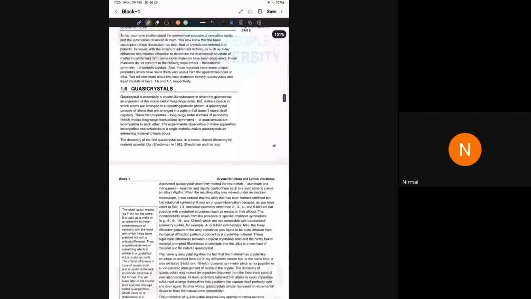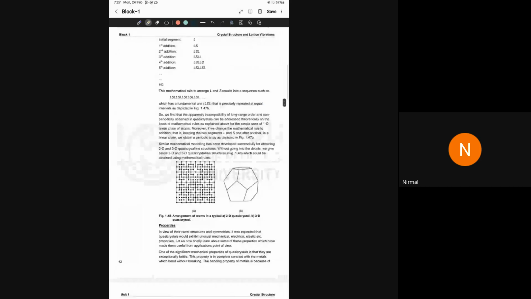A quasi-crystal is essentially a crystal-like substance in which the geometrical arrangement of atoms exhibits long-range order, but unlike a crystal in which atoms are arranged in a repetitive pattern, quasi-crystals consist of atoms arranged in a pattern that does not repeat itself. So there will be long-range order, but there will not be proper repetition.